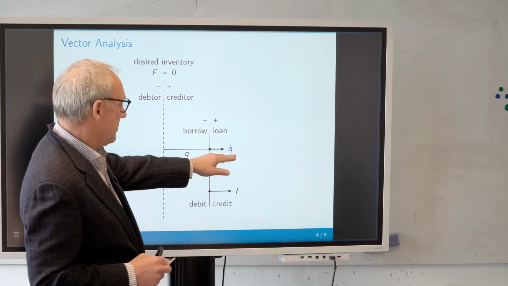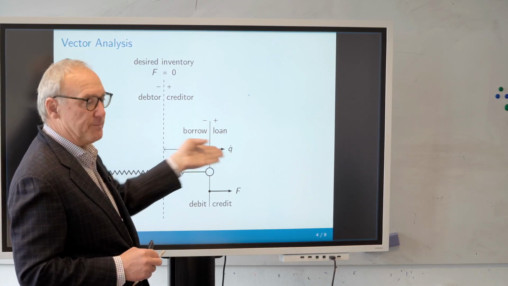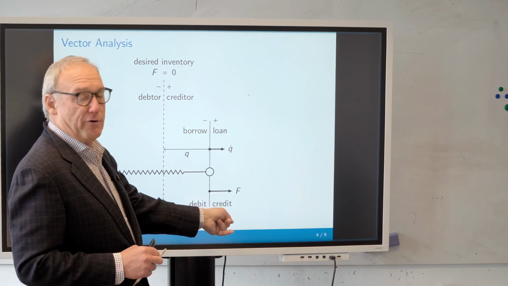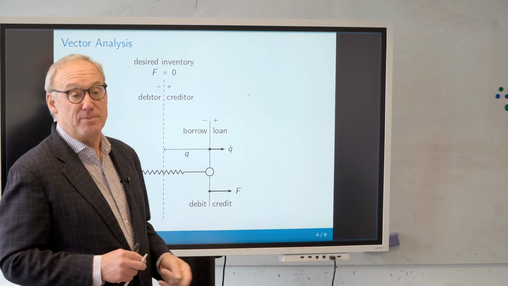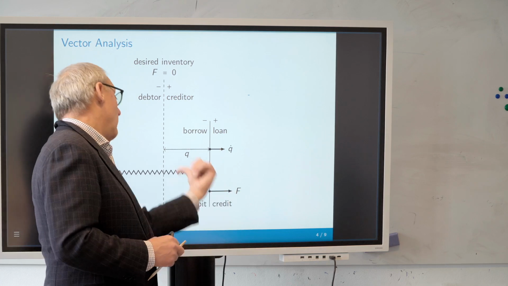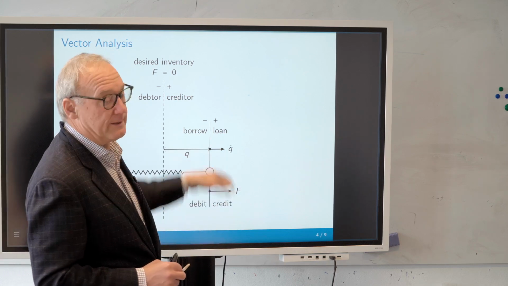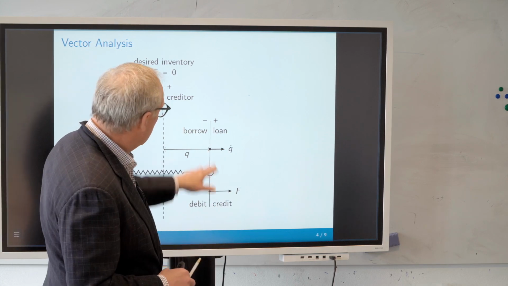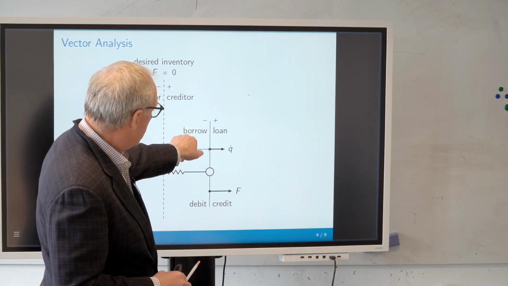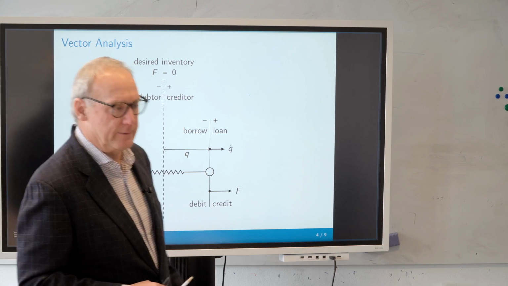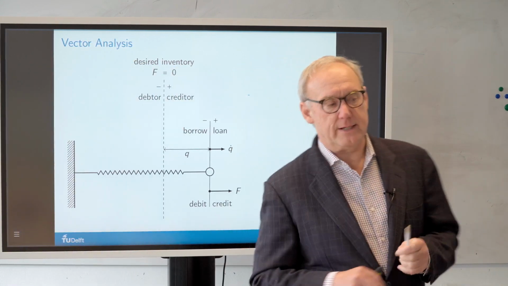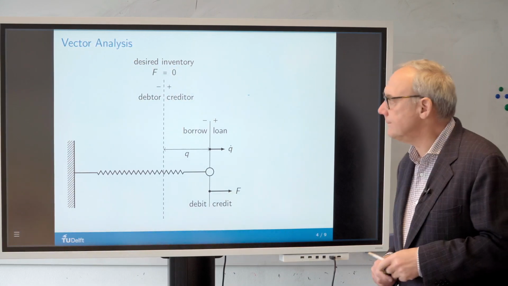And in terms of the goods, the loaning or the selling is the positive direction. And for the money, the crediting is the positive direction. And the borrowing or the debiting are the negative directions. Or in this case, it would be buying, in the other case, if you have an iron goods.